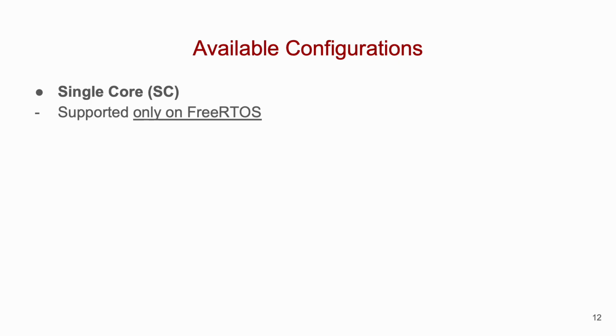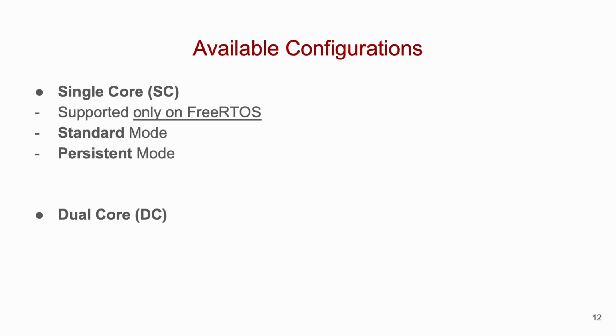In the standard mode, FreeRTOS monitor task creates, deletes, and recreates target tasks. In the persistent mode, FreeRTOS monitor task reuses the target task. When two cores are available, SHiFT uses the dual core configuration.